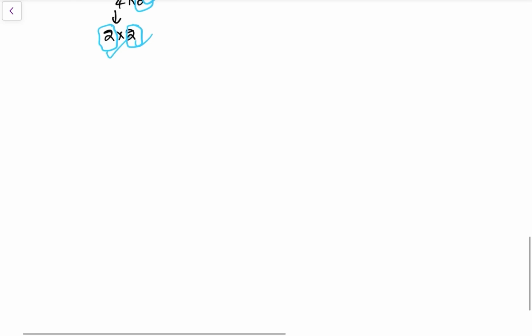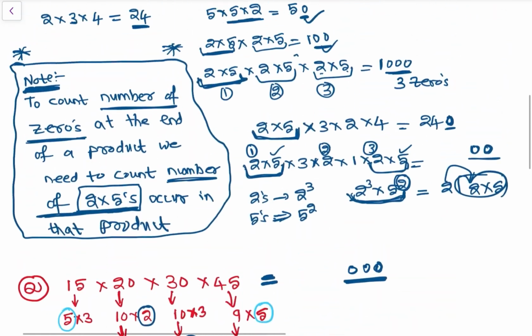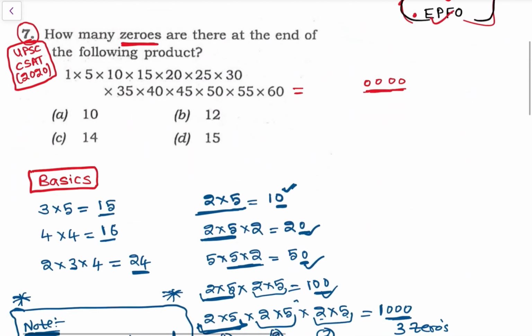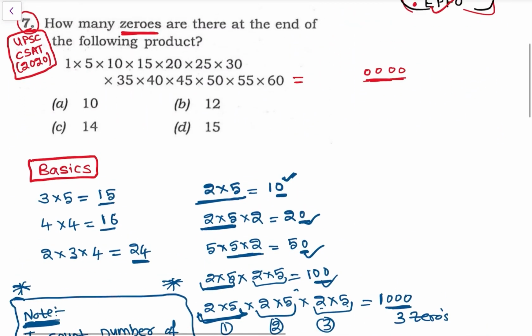सो ओके, let's do this question asked in UPSC previous year. ये वाला सॉल्व करते हैं. सो let's solve this one. ठीक है. Solve this one, so you will get more clarity.